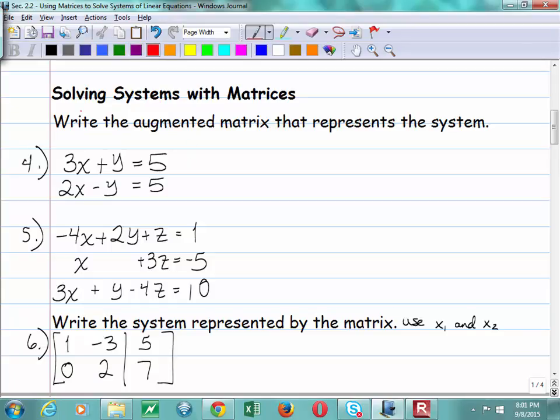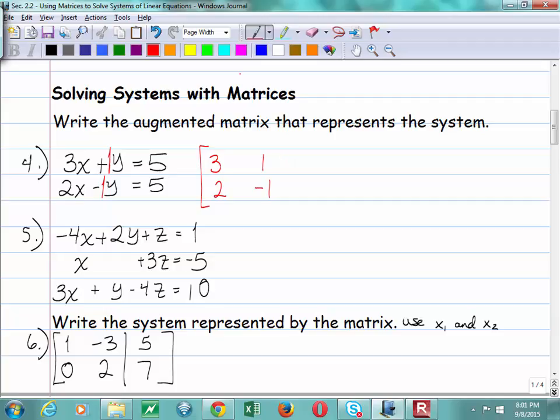So in this case, we have 3x plus y equals 5, and we know that y is the same thing as 1y. And the second equation we have is 2x minus y, and we know that that y is the same thing as 1y also. And then when we write down the augmented matrix, the first column is going to be 3, 2, the second column is going to be 1, -1.